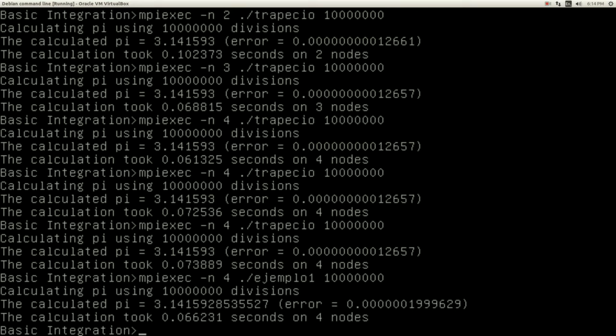Just check how many zeros. The error has 6 zeros for rectangle and 9 zeros for the trapezoidal rule. So we have much less error using the trapezoidal rule than rectangles.